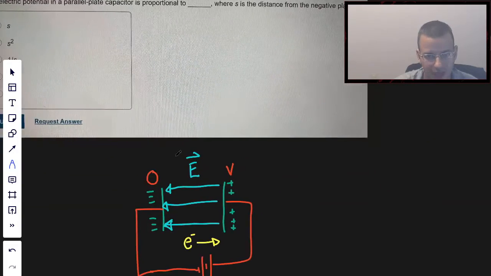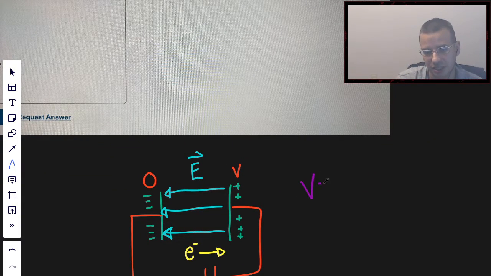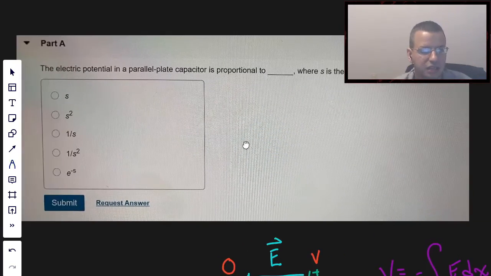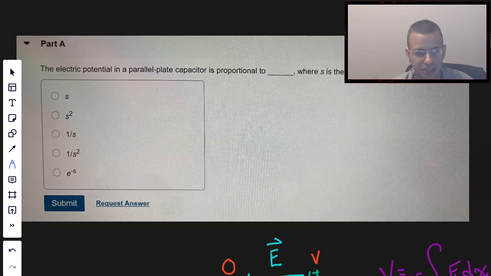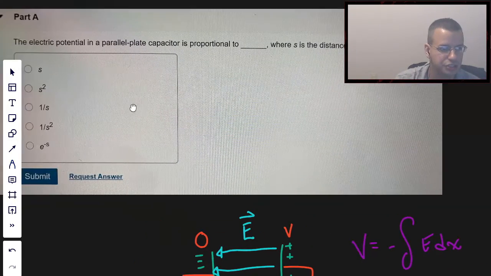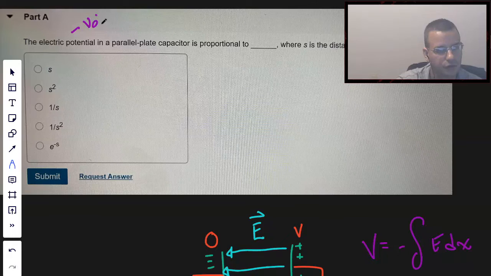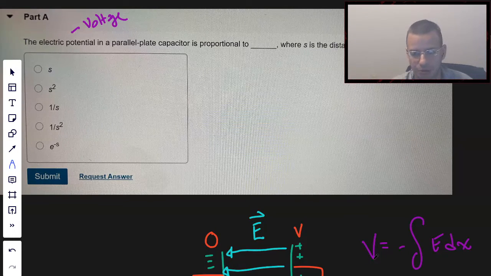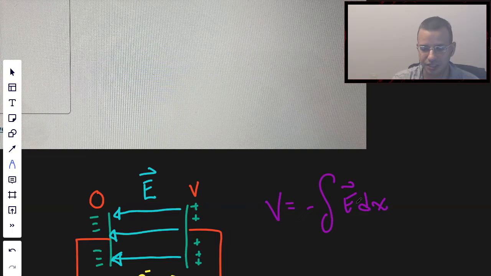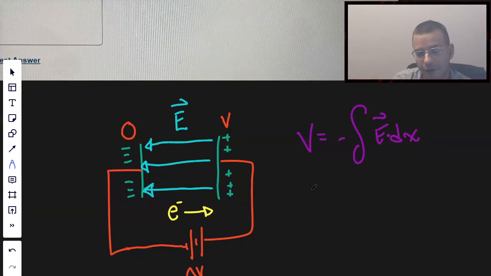And so the more formal way of saying this is electric potential is negative integral E dx. We want to find electric potential. Electric potential is voltage. So the voltage in a parallel plate capacitor is proportional to... In this case, the electric field, and this is a dot product, is going to be constant, because that's one of the things about a parallel plate capacitor, you have a constant electric field.